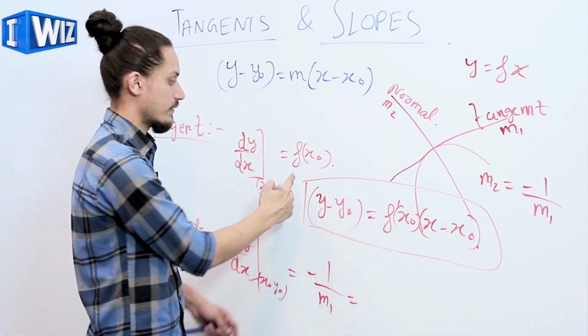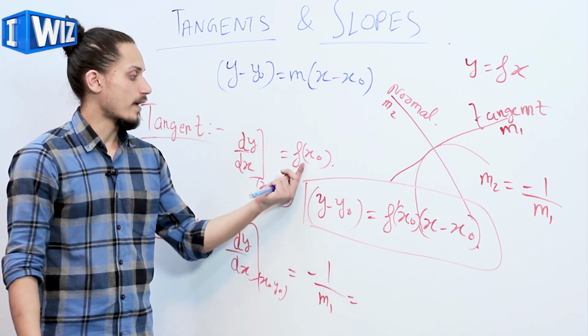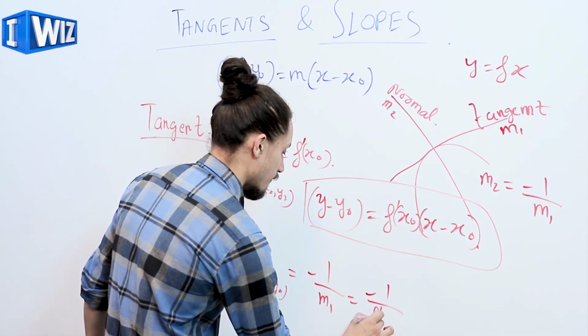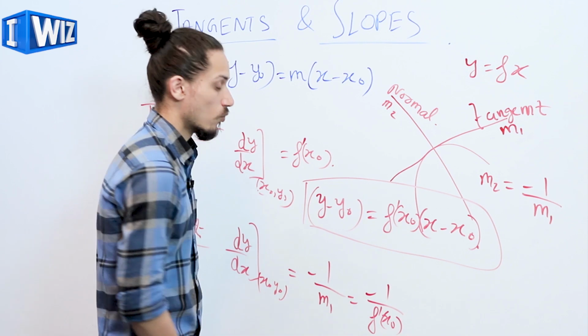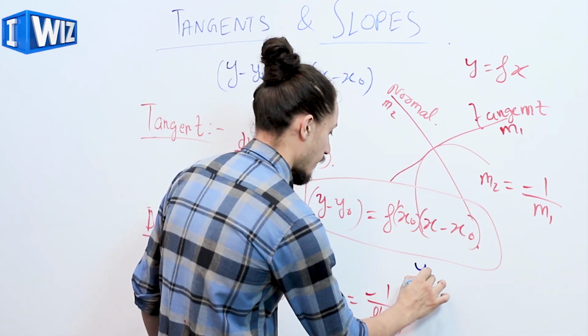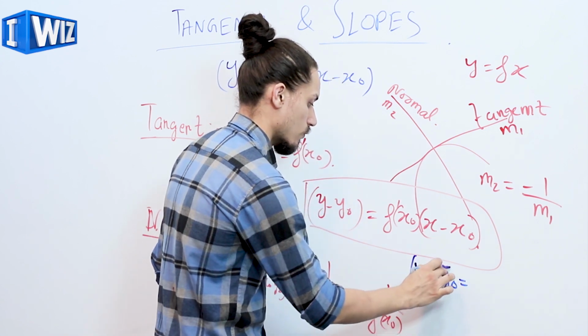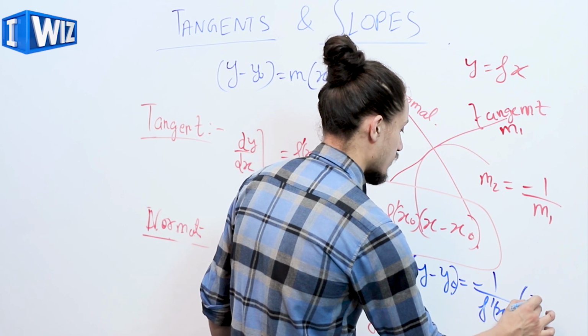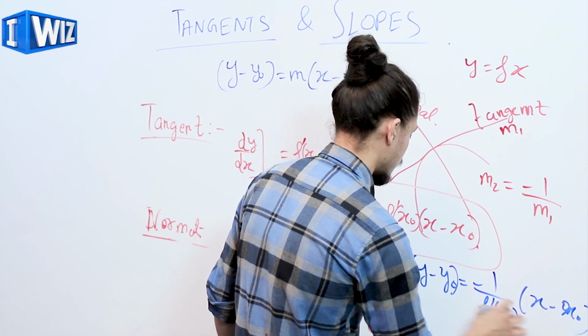The slope of the tangent is f dash x0, so we get minus 1 upon f dash x0. So the equation of the normal will become y minus y0 is equal to minus 1 upon f dash x0 into (x minus x0).